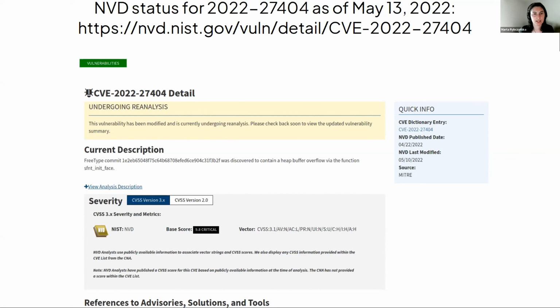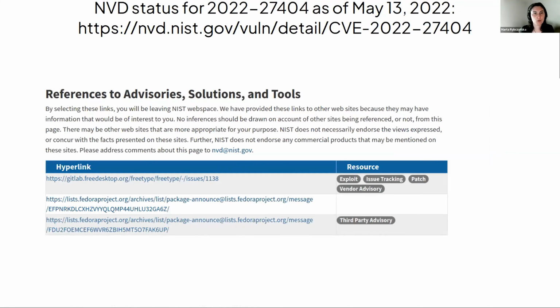Then when we look at the website, you get a very important part when you are looking for a fixed solution. That's the references. And in this particular case, we have 3 links. One of the links includes an issue on freedesktop GitLab. When you have the patch, in fact, you have the link to the patch in there.